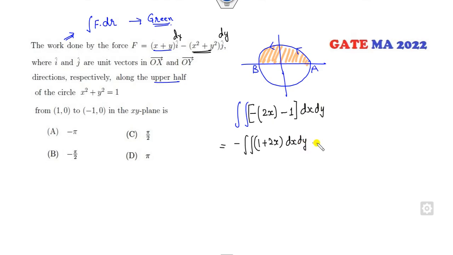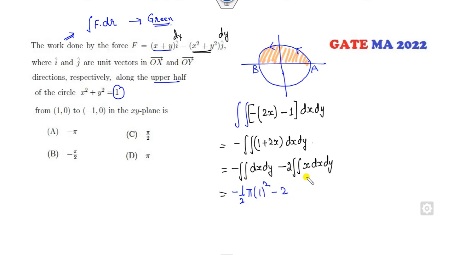Now either you can take the strip, but it's better to change into polar coordinates, or again, because it's a 1, I can break it separately, taking minus 2 as common, x dx dy. What is that? This is the area of the hemisphere. The area of this hemisphere is pi r squared, and the radius is 1.